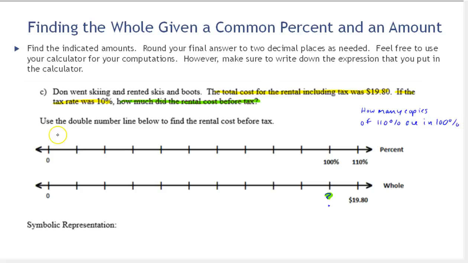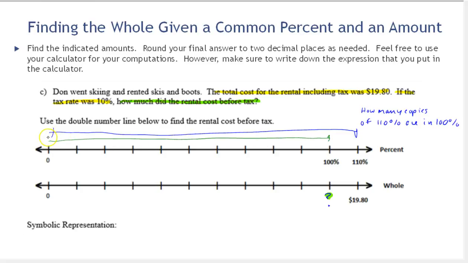So we're using 110% as our unit of measure, and we want to see how many copies of 100% there are. So notice there is 100 out of 110, since 100 is smaller. Okay, so our ratio is 100 over 110, and notice that's equivalent to 10/11ths.